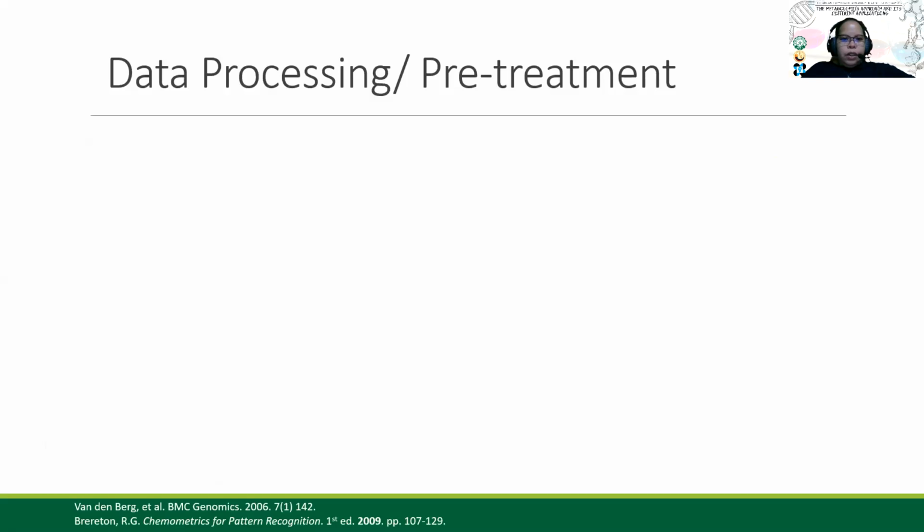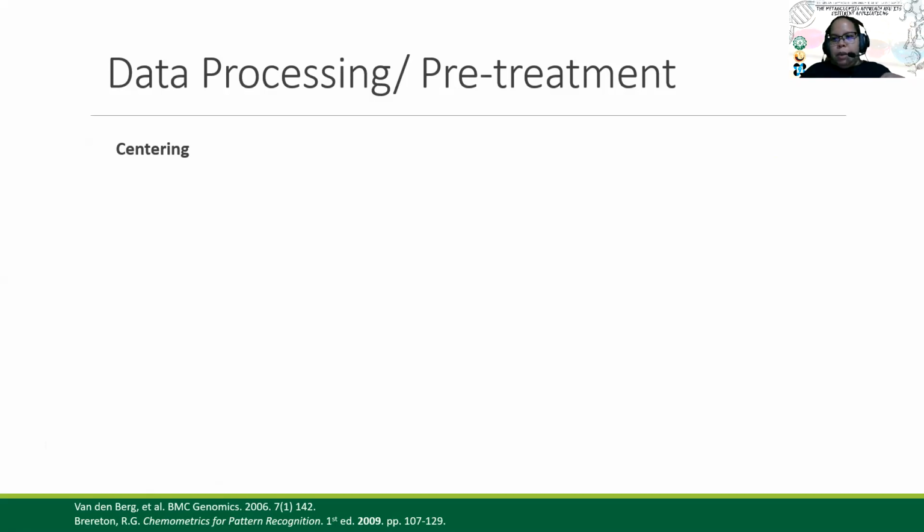Okay, so you also have what is called data pre-treatment or processing. So meron tayong pre-processing, meron din tayong processing. So dito naman sa data processing, we already process the whole data set in order to make sure that they are comparable against each other.